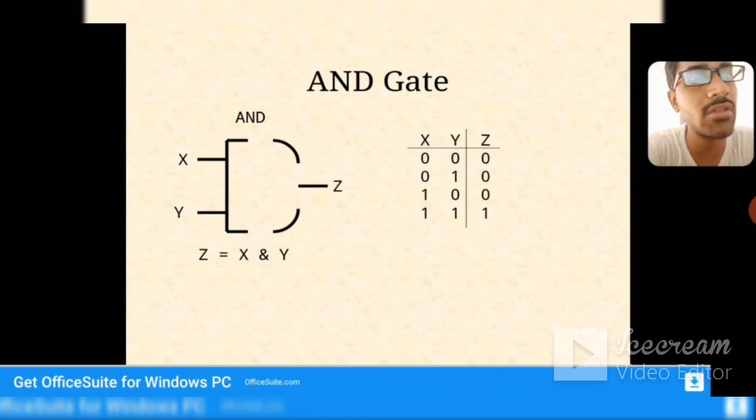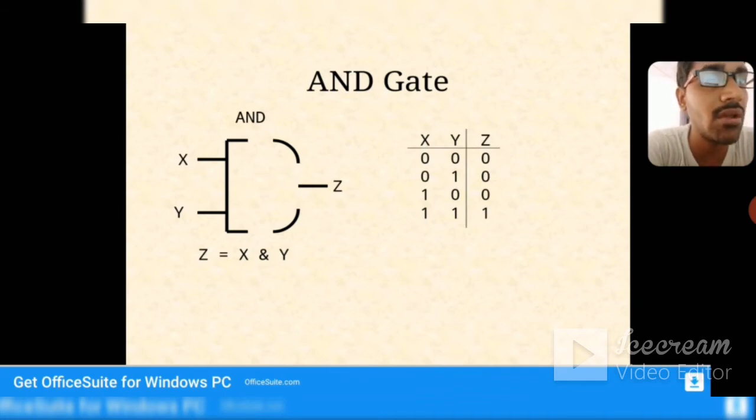While the first is 0, the second is 1, and while the first is 1, the second is 0. In this way, you can see in the truth table there are 4 states. The first one is 0 0, both are 0. Second one is the first input X is 0 and the second input Y is 1. In the third case, the first input X is 1 and the second input Y is 0. And the fourth case is both the inputs are 1.